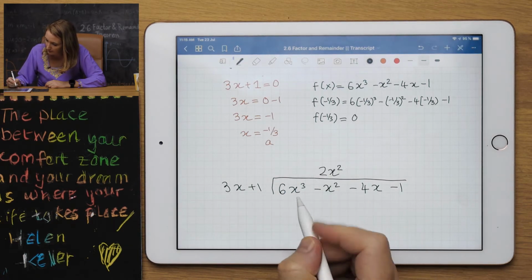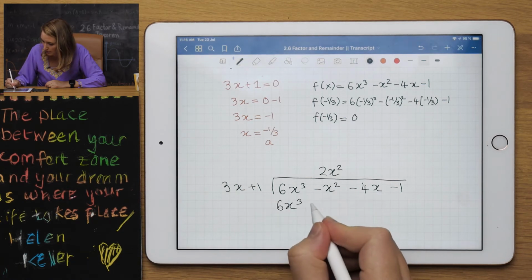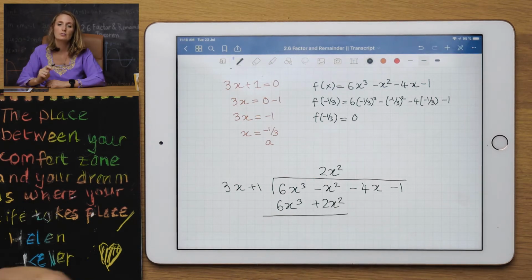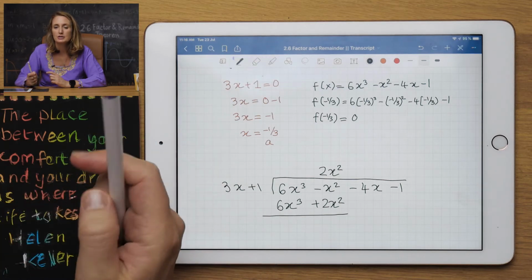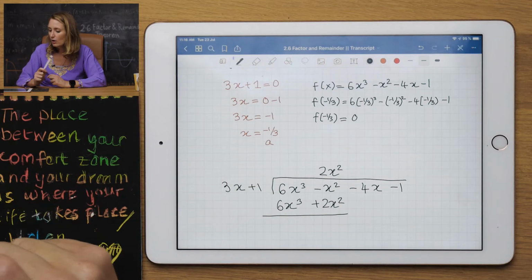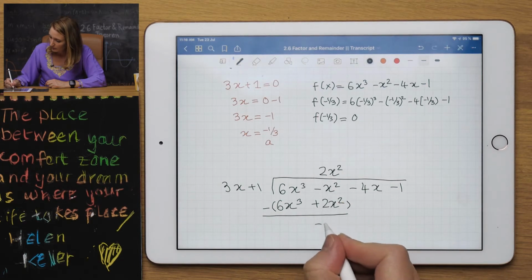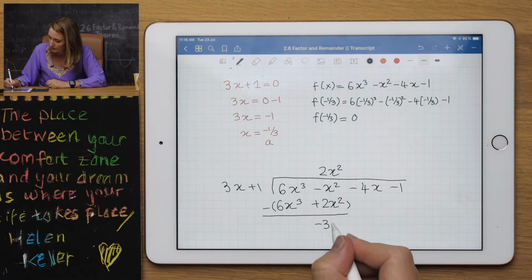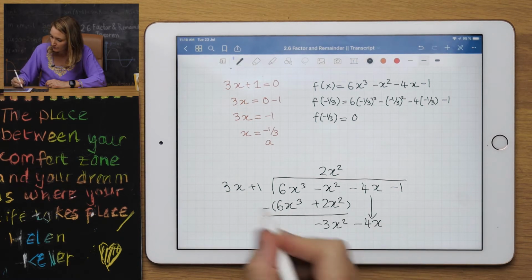We multiply, will be 6x cubed plus 2x squared. If you've jumped in here in the middle and you don't know how to do your long division, you need to go back and check out Key Skills 1 and 2, where we really thoroughly learn how to do this. So here we'd have minus x squared minus 2x squared, minus 3x squared minus 4x, bringing that one down.